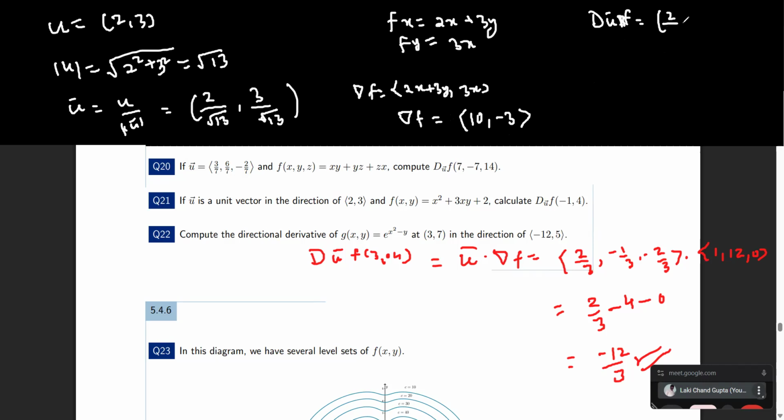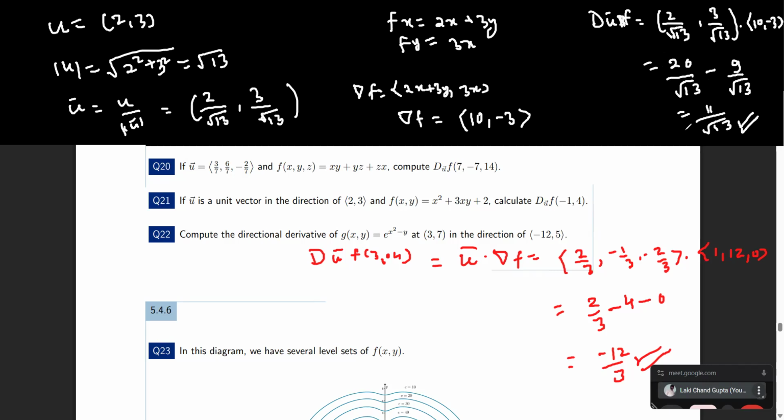Which is the multiplication of u by grad f. Right?